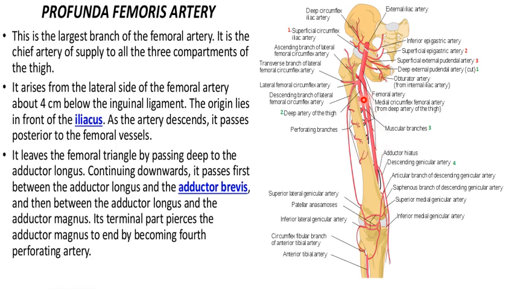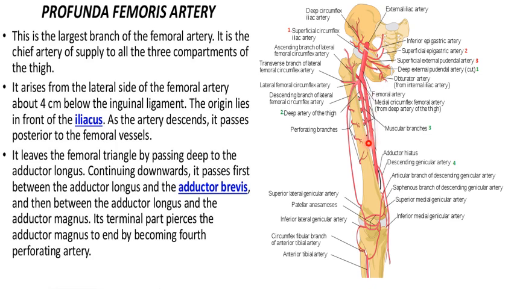I'll show you the diagram also. And then it ends as the fourth perforating branch, which passes through the fourth osteoaponeurotic opening. Okay, so this is how the termination of the profunda femoris is happening.